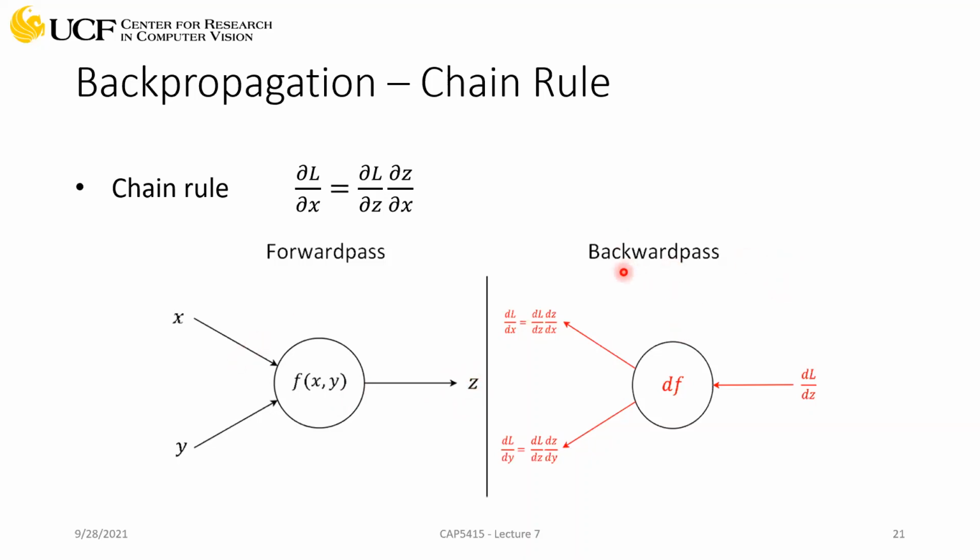The second step is called the backward pass, and this is exactly when we train our network. You do the forward pass and get Z. Then, depending upon the loss function, you can compute whether the network is doing well or badly. You then compute the derivative of your loss function with respect to Z, the final output.